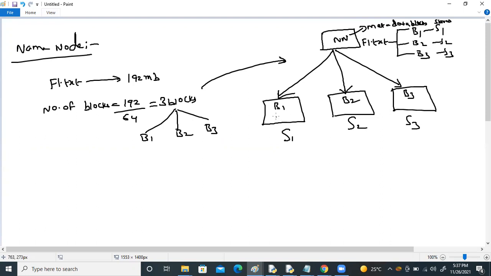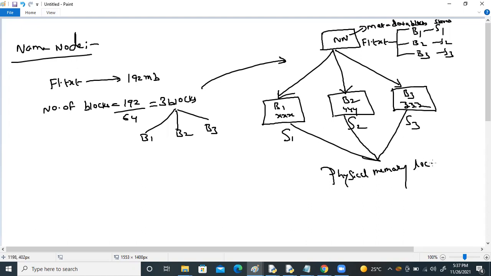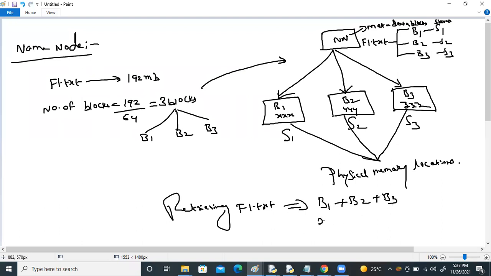For B1, there is a memory location address; these are the physical memory location addresses. To retrieve the f1.txt file, that is b1 plus b2 plus b3, we need to access those physical memory locations.